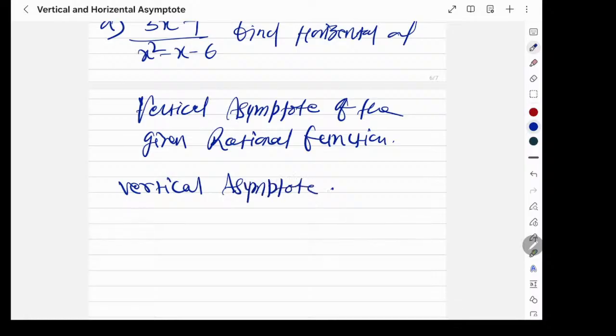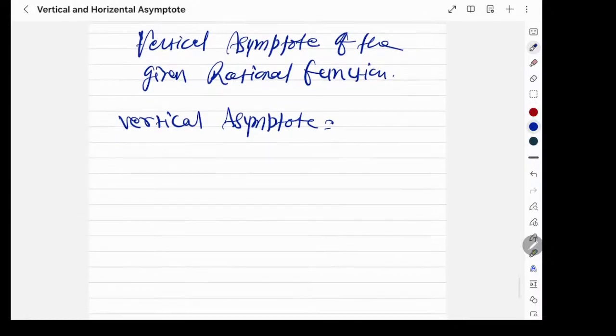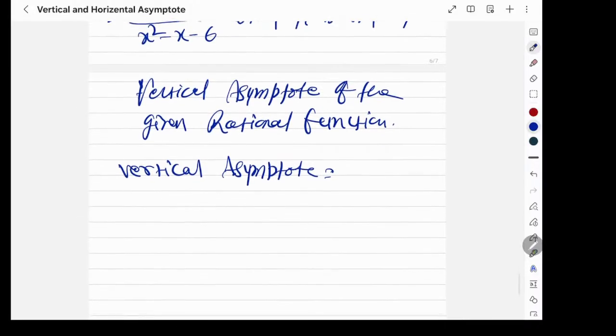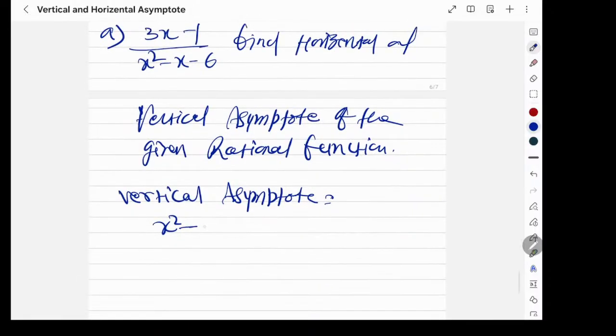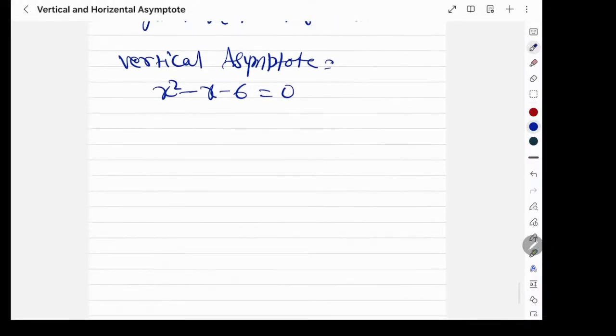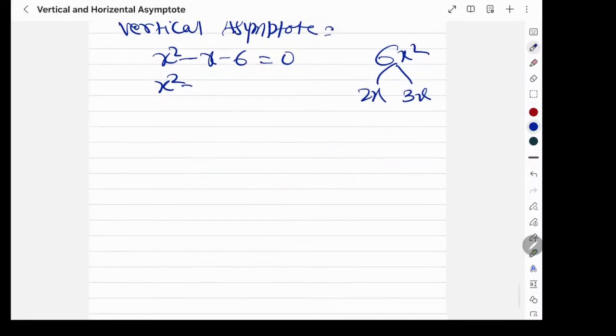So first of all, factorize and equate the quadratic polynomial in the denominator to zero. So x square minus x minus 6 equals 0. We try to factorize it: x square minus 3x plus 2x minus 6.